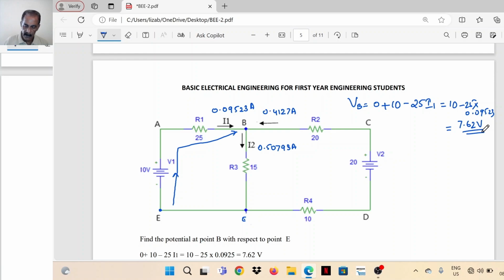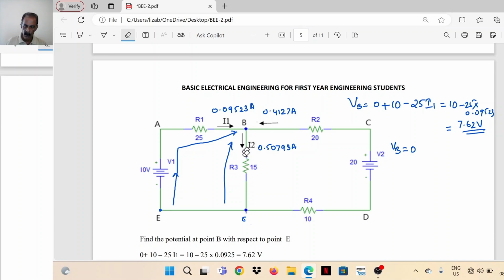Then you can find the potential at B directly by taking a path from ground to B directly. Again we'll start, VB is equal to 0. We have to find the direction of this IR drop.